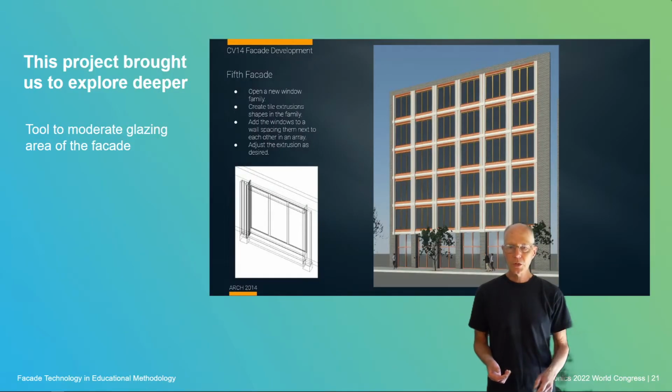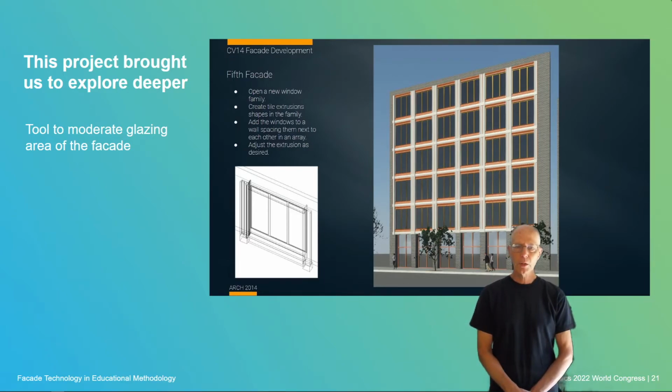So it's not a conventional way of thinking about the way we build up our facade systems. And this is just a really useful tool to help students get quickly into this idea of these punched facades that are really important for performance sake, because now we're starting to look at the glazing system not as a glass wall, but as a wall where we can control the size of that aperture.